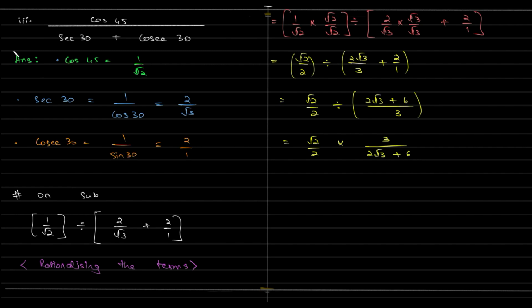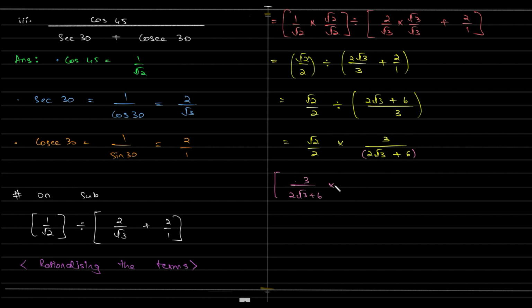Okay. We need to further rationalize this as well because this denominator is not rationalized. So for that, let us do a separate working. 3 by 2 root 3 plus 6. To rationalize this, we can take 2 out actually. It'll make the job easier.